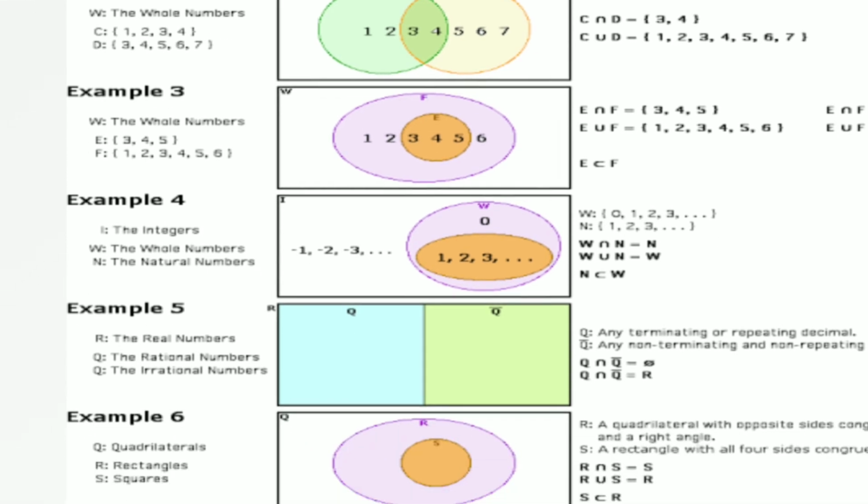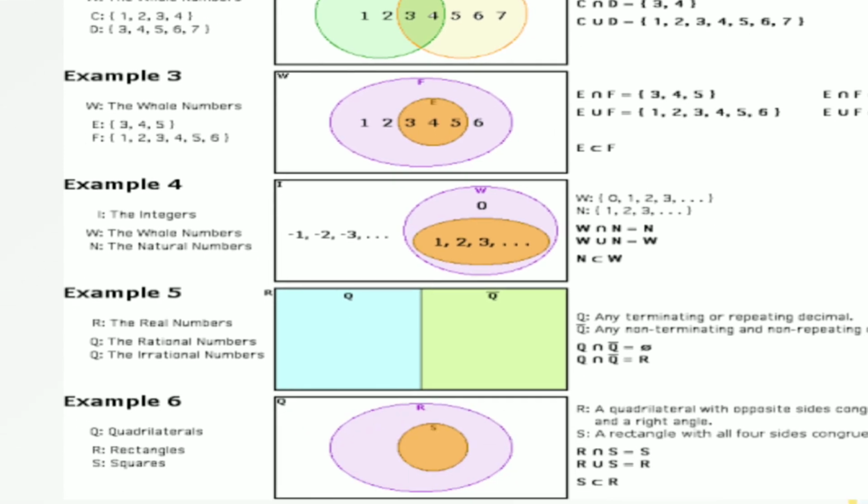Coming to the fourth example, the integers are given here, the whole numbers and the natural numbers. Here we are going to find whole number intersection natural number.